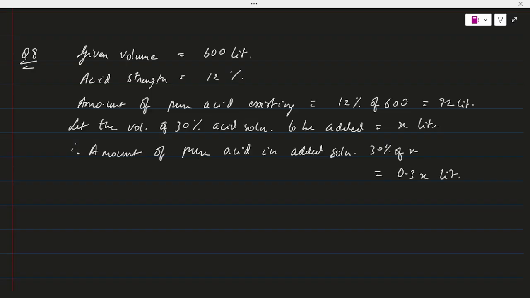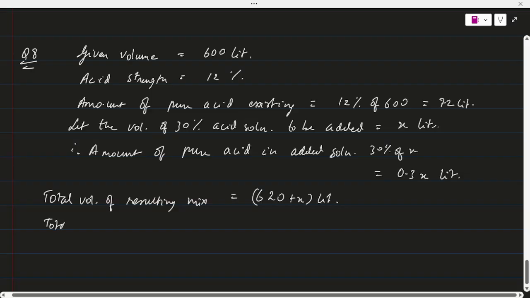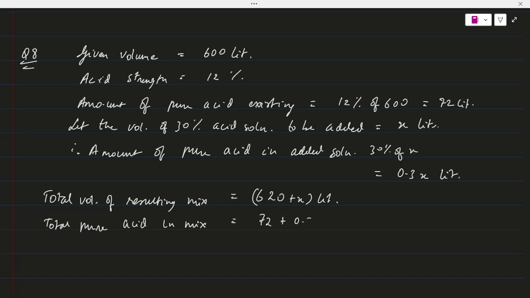So the total volume of the resulting mixture is equal to 600 plus X liters, and if we are only talking about the pure acid content, the total pure acid in the mixture would be 72 plus 0.30X liters.